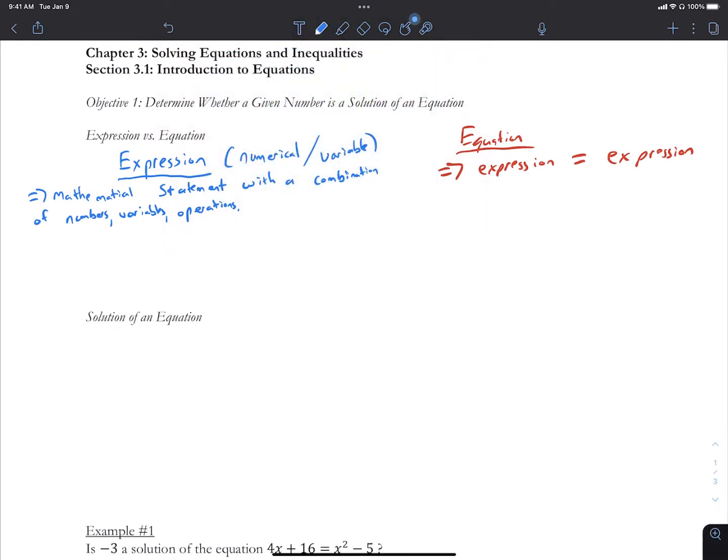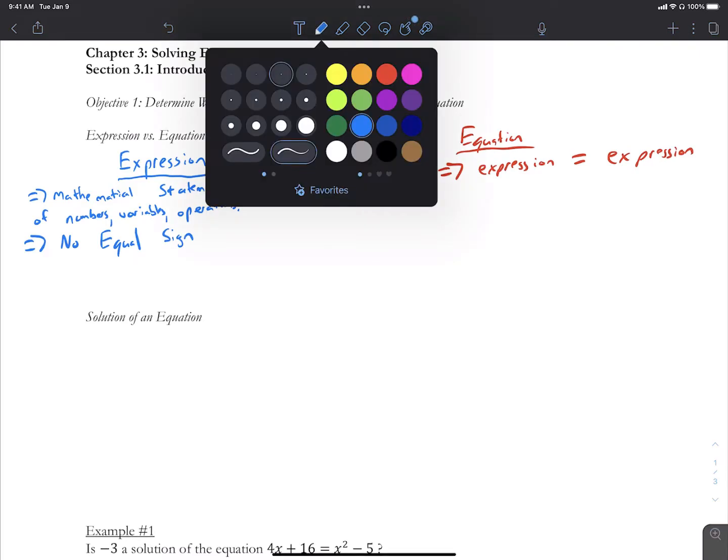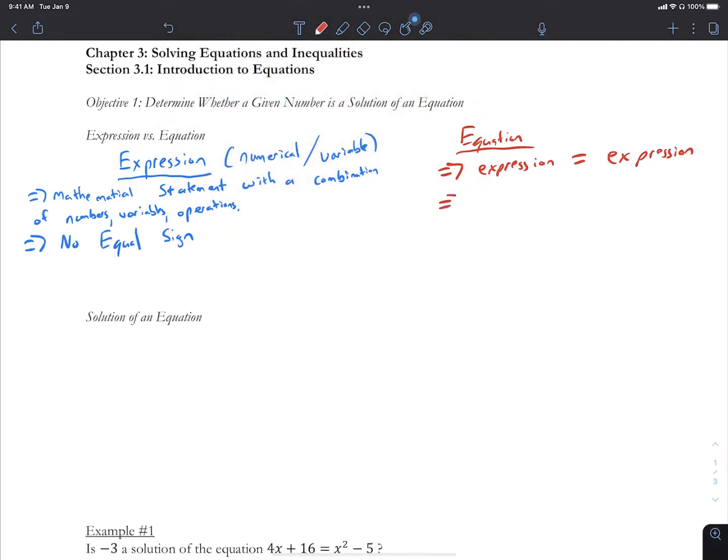So in an expression, something important to note is that there is no equal sign. Where in an equation, there is an equal sign.